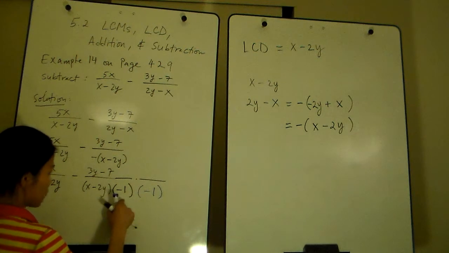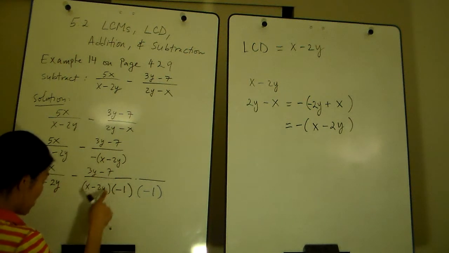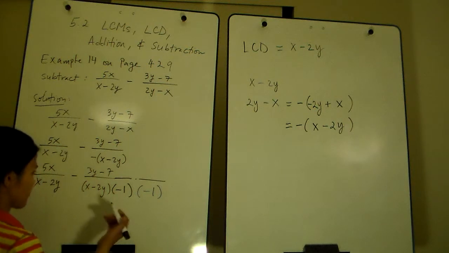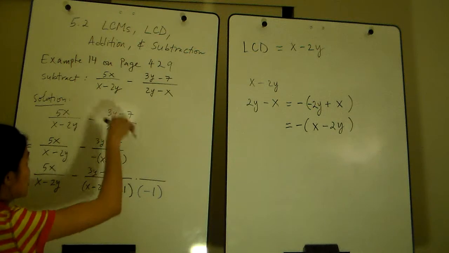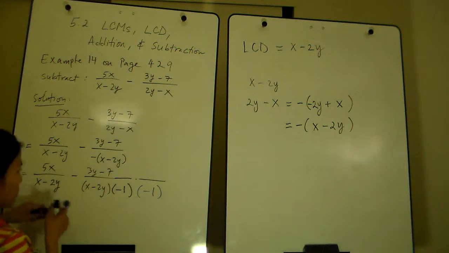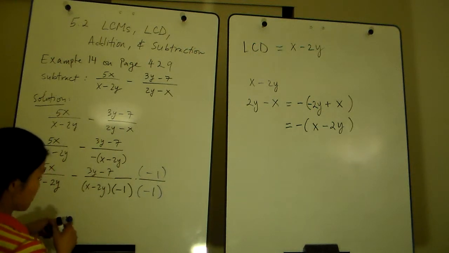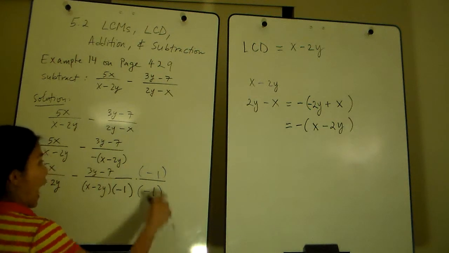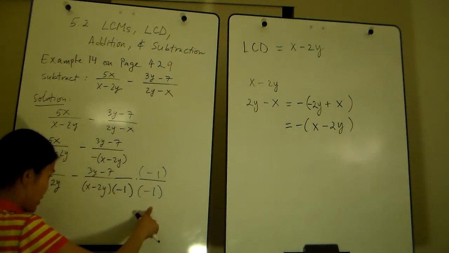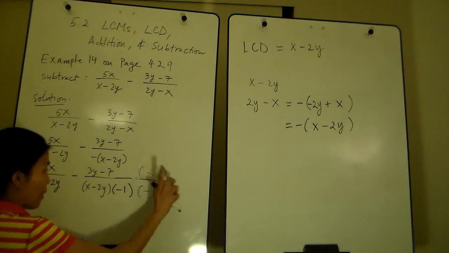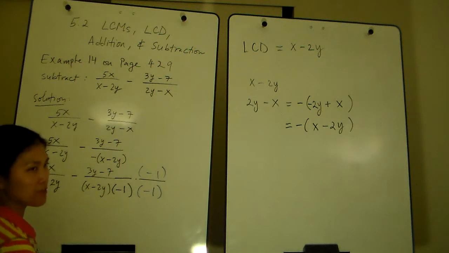So negative 1 times negative 1 is positive 1. Positive 1 times x minus 2y is x minus 2y. Alright, so we multiply negative 1 to the bottom, we change the original problem, so they're not going to be equal. To compensate for the change, you multiply by negative 1 on top. In doing that, negative 1 divided by negative 1 is 1. So what you just did is take the second fraction and multiply by 1, and 1 times the second fraction is itself.